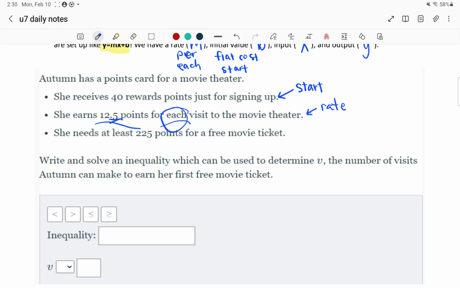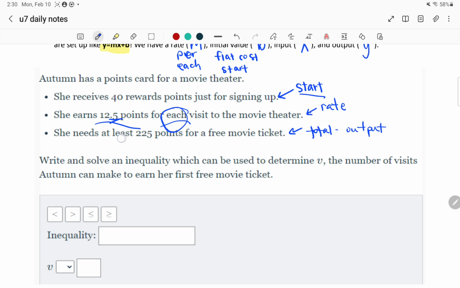So that's a continuously added piece, which is the same as multiplication. So that's my multiplied value, whereas the 40 was only added once. That's going to be my added value, my B value. And lastly, she needs at least, so there's some keywords right there, 225 points for a free movie ticket. So this is my total or my output.